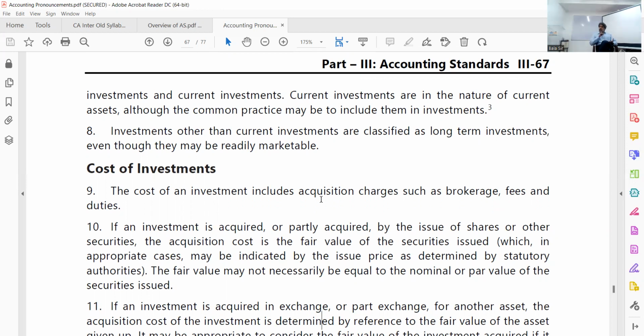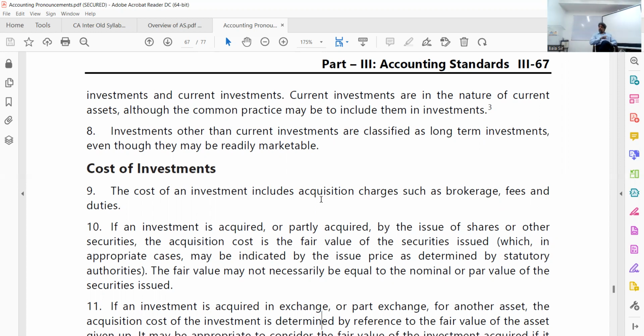And also you have to pay something called the stamp duty and any other expenditure you incur on acquisition. But generally it will be brokerage fees or some duties that are payable or some taxes you have to pay on acquisition. So that is supposed to be the total amount at which you record or recognize investment in your books.